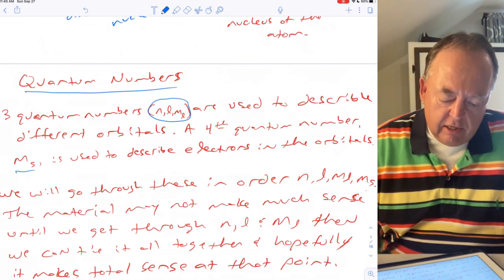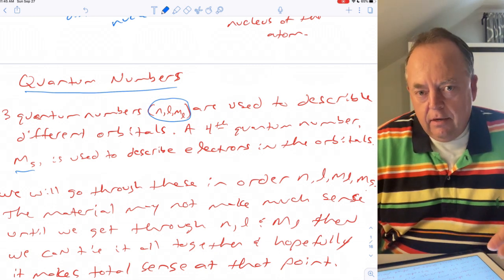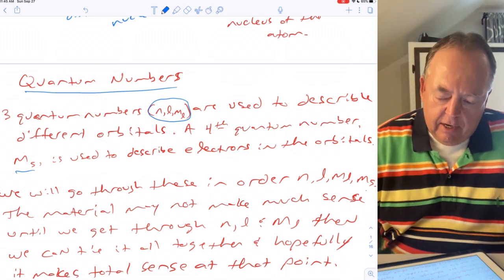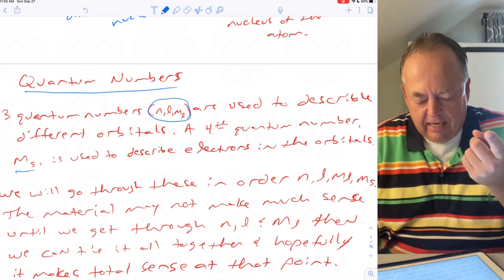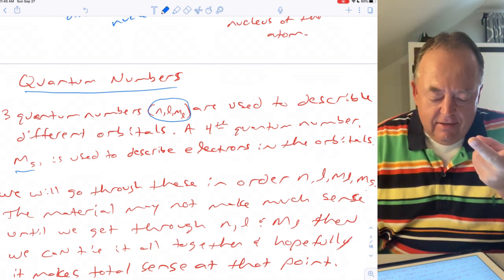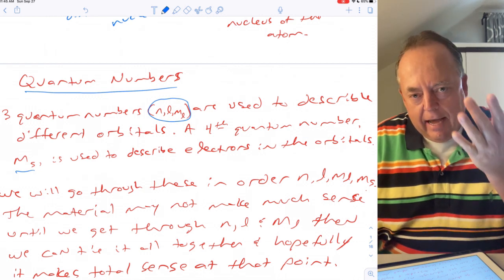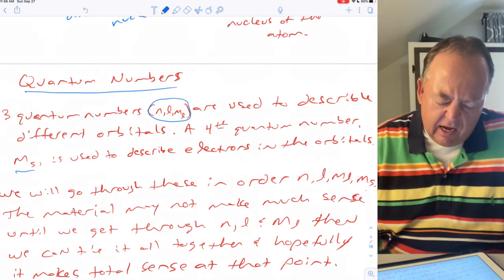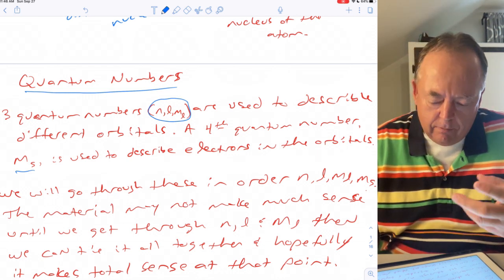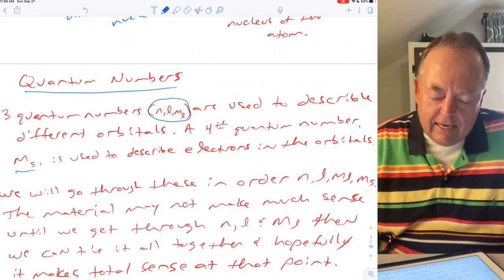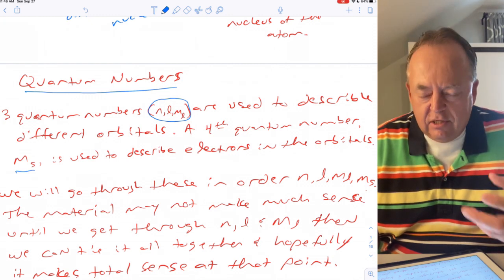So basically they're just like addresses for an electron. Just like if you had an address for your house, so you have a state, you have a town or city, and a street address, and then a house address. Same kind of similar concept for electrons is what these quantum numbers do, is describe where that electron is at and what the region of space that electron is in looks like.